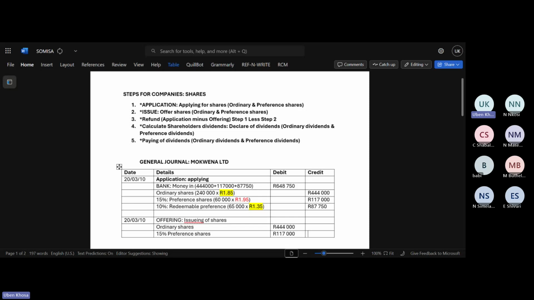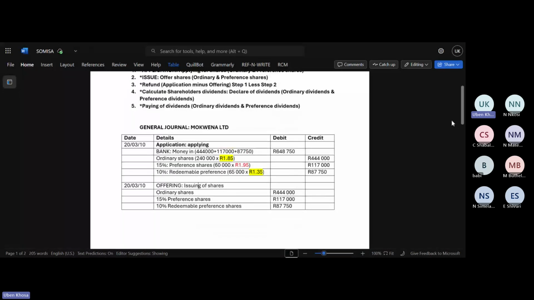They also applied for 10% redeemable preference shares to the value of how much? 87,750. I'm sure you can see that whatever I recorded on step 1, we are just carrying forward the amount. So you can see. Fine. Now we are offering shares. Now we are issuing shares after they applied on step 1.